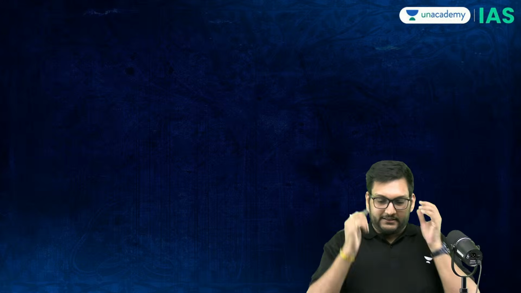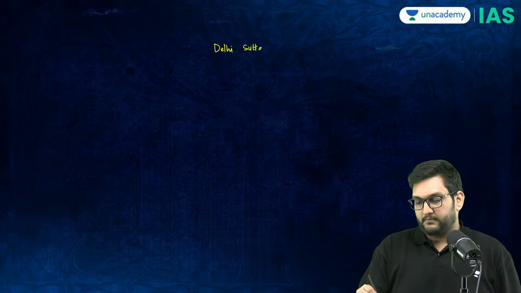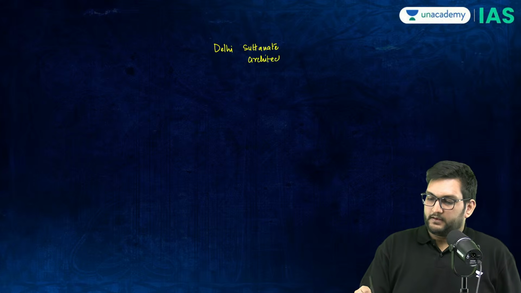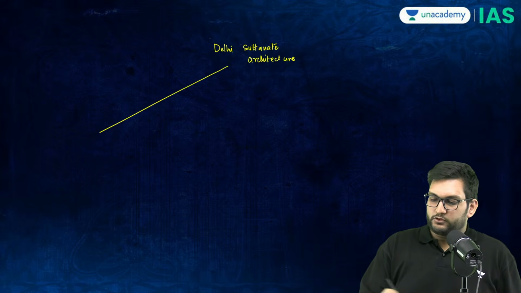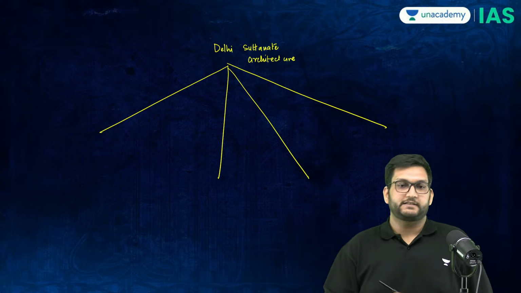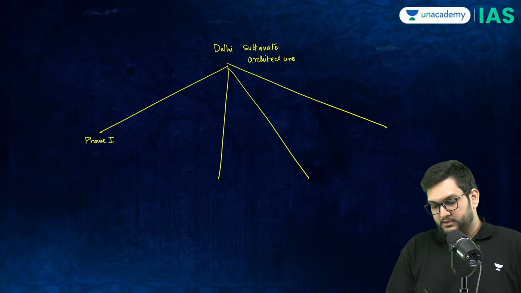Now, Delhi Sultanate architecture is divided into four phases. Very important for the examination. First phase is called the reuse phase.